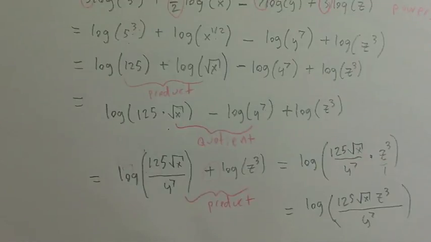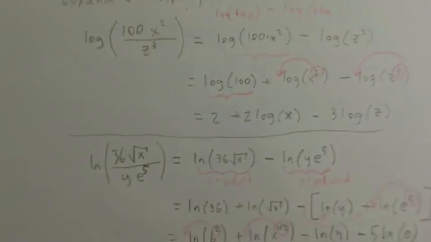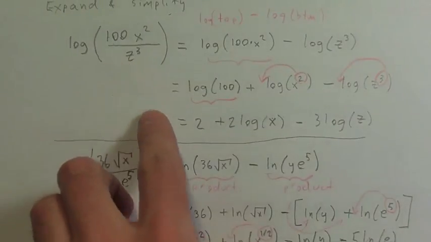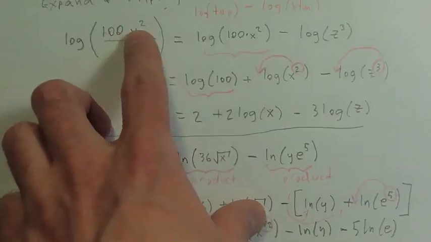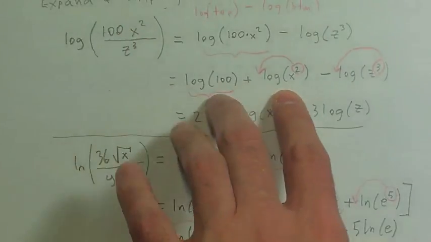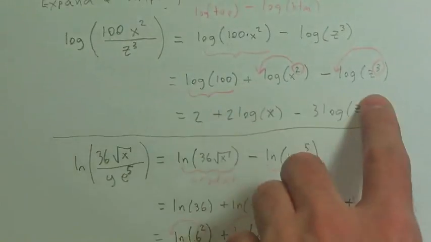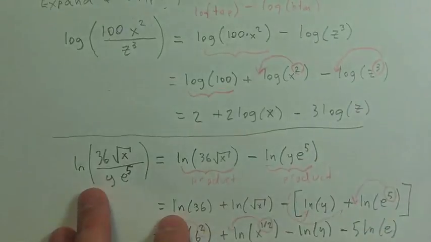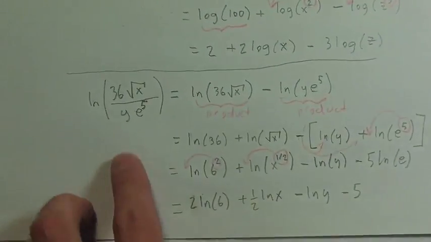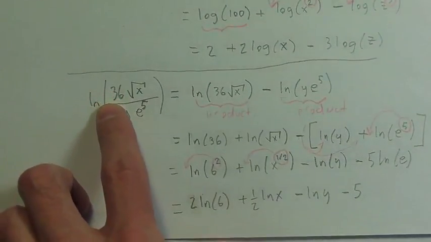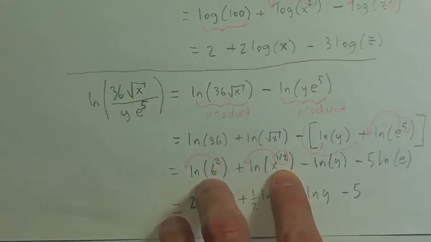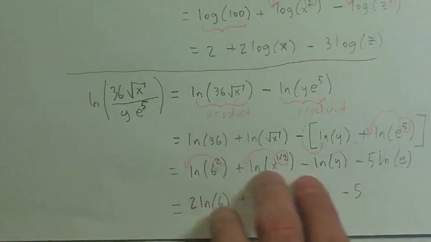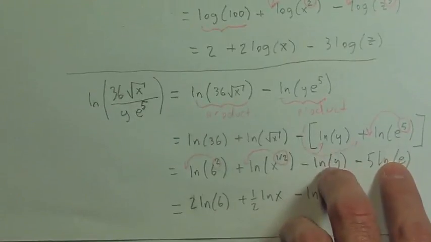Let me pull one up here. Here, I had 100, x squared, z cubed. The 100 and x squared had pluses, the z cubed had a minus. Here, when it was all said and done, my 36 and square root of x, they had pluses. My y and e to the 5th had minuses.